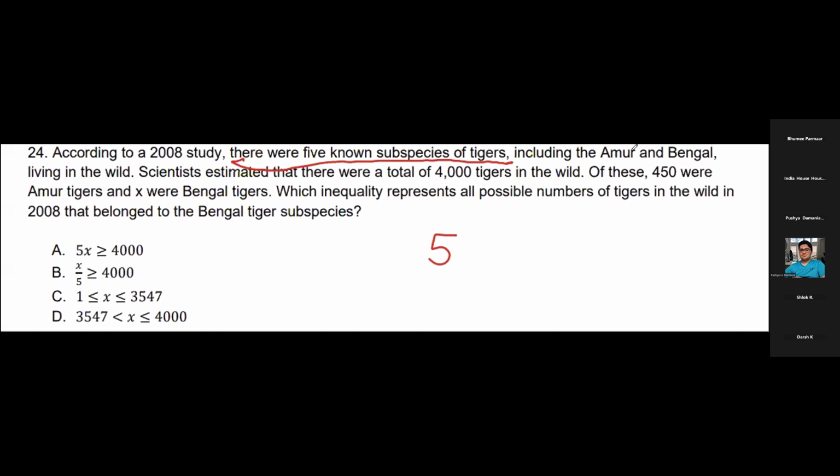And we know that there's 4,000 total. And of these, 450 are Amur tigers. So we know that 450 are Amur tigers, and we need to find X, the Bengal tigers.